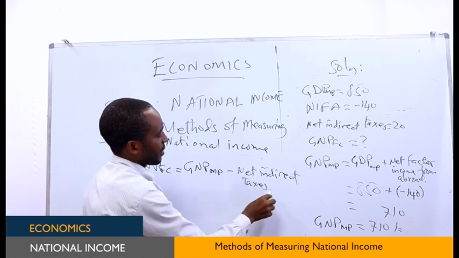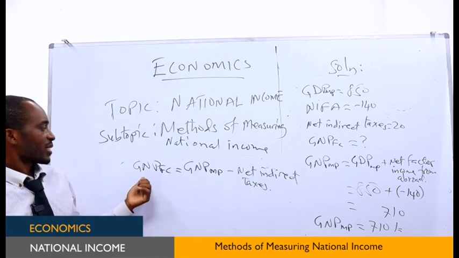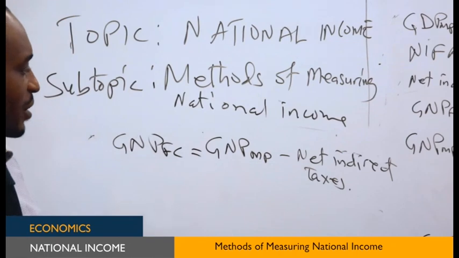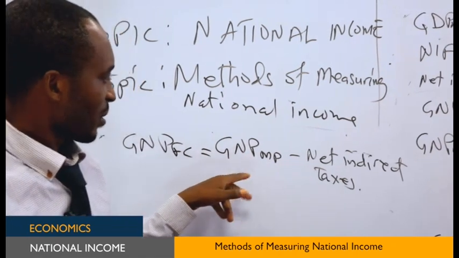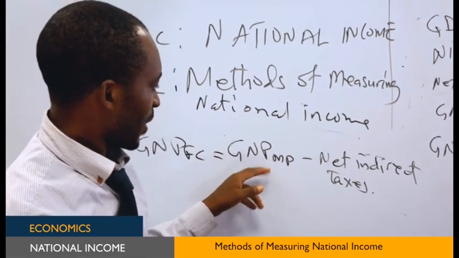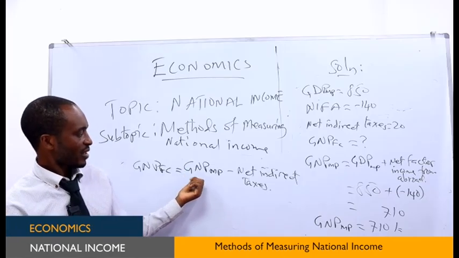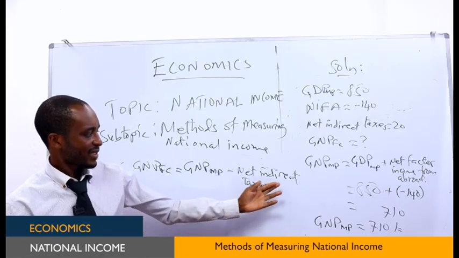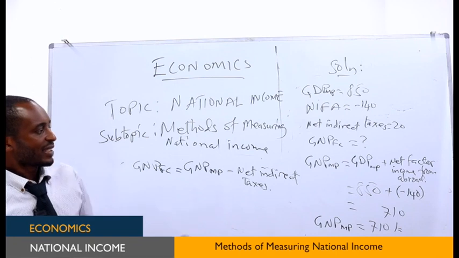So to get the gross national product at factor cost, you get the gross national product at market price, you less the indirect taxes.